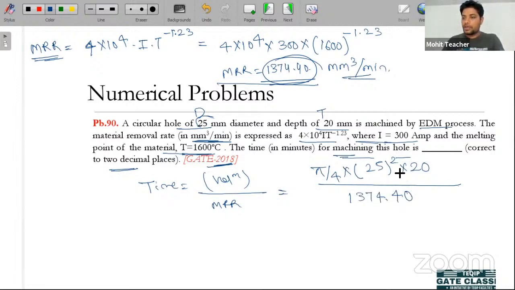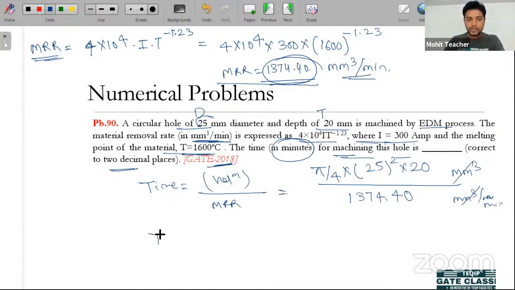So this is 1374.40. The diameter and the depth are both in mm, so the volume will be in mm cube. And the MRR is in mm cube per minute, so whatever value you get will be in minutes. The final answer is asked in minutes only, so just get the value.